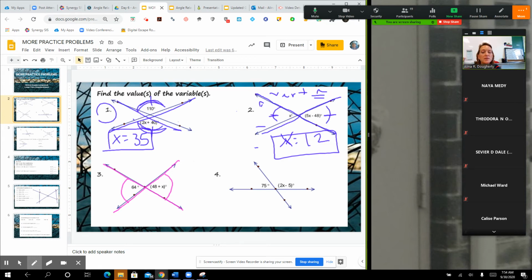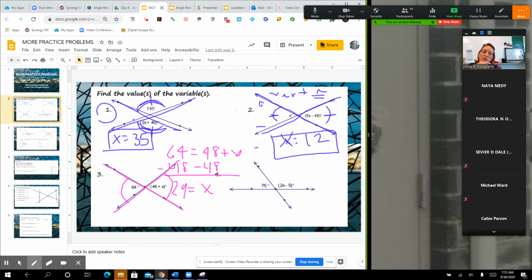So they're congruent. So we're going to set those two things equal to each other again, right? So 64 equals 48 plus x. We subtract the 48 and subtract the 48. So x equals, is that 24? Boom.